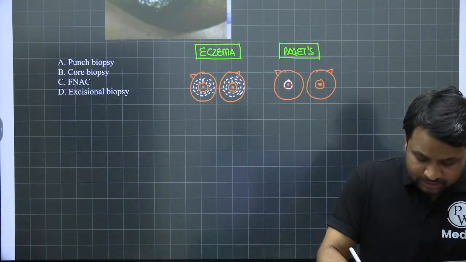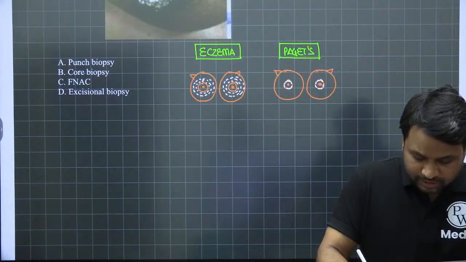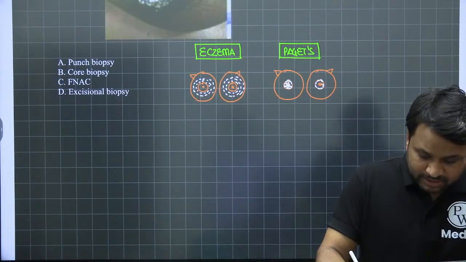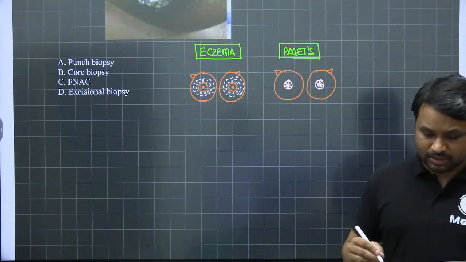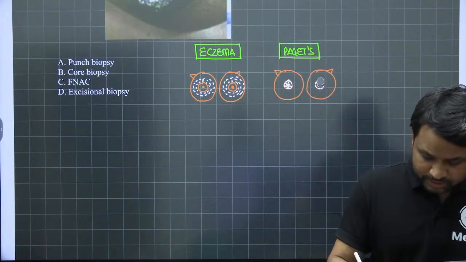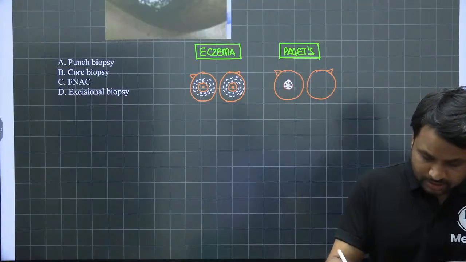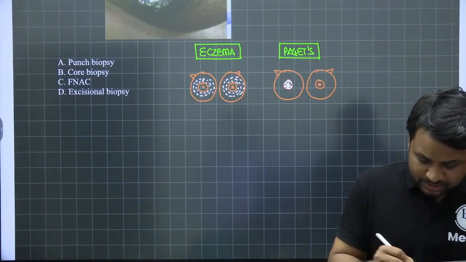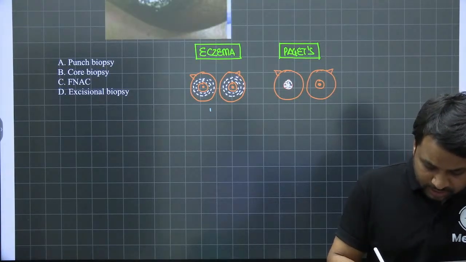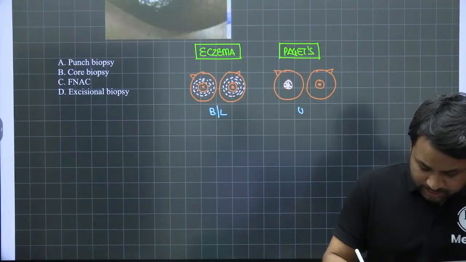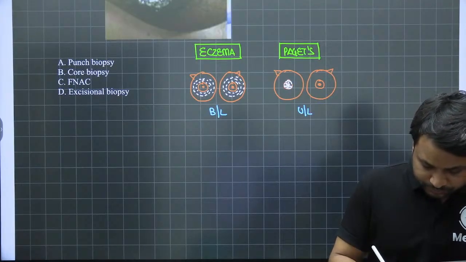Paget's disease, on the other hand, involves the nipple areolar complex and eventually destroys it. Paget's is usually unilateral, while eczema is usually bilateral.